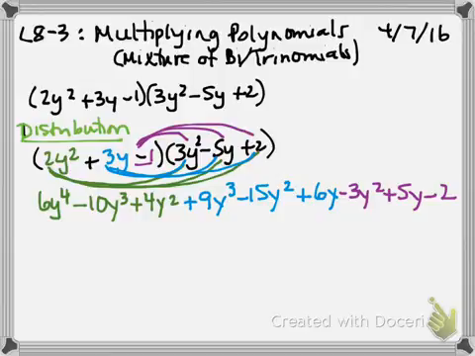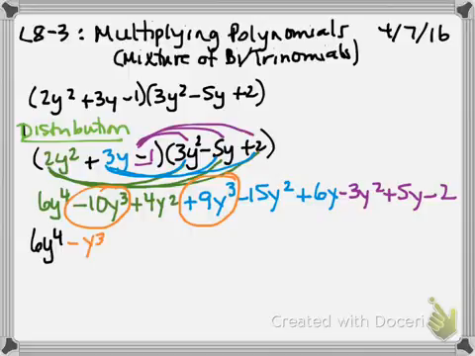Let's see. We have nothing but 6y to the fourth, so it stays as 6y to the fourth. It's all alone. So let's look at y cubes. Let's see, there's a negative 10y cubed, a positive 9y cubed, and that's it. So we add up negative 10 plus 9, which is going to give us a negative 1y cubed.